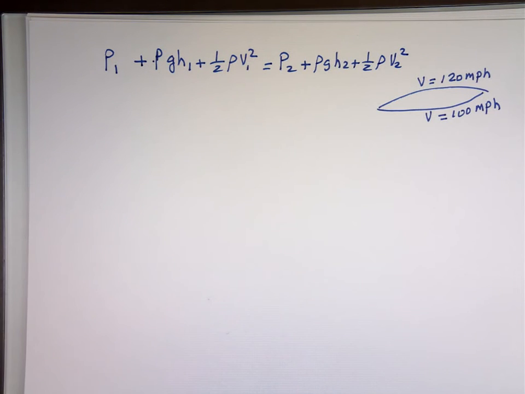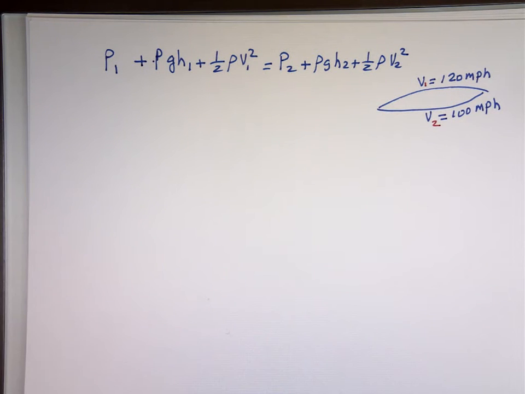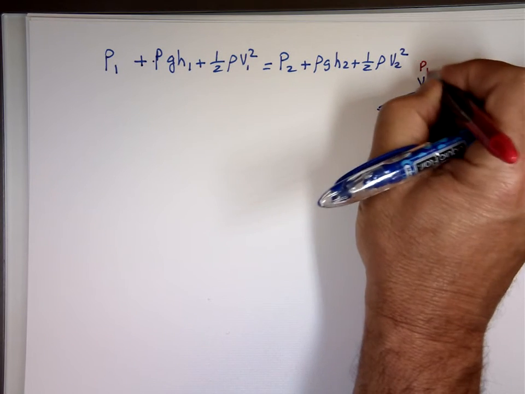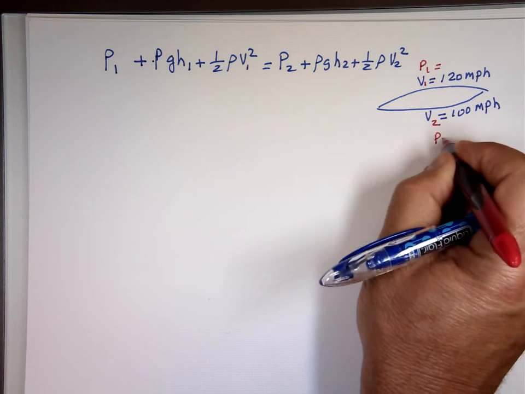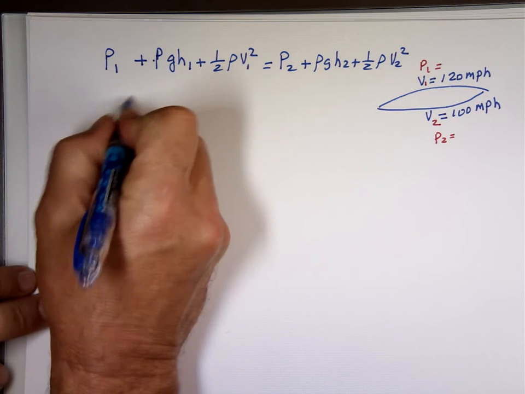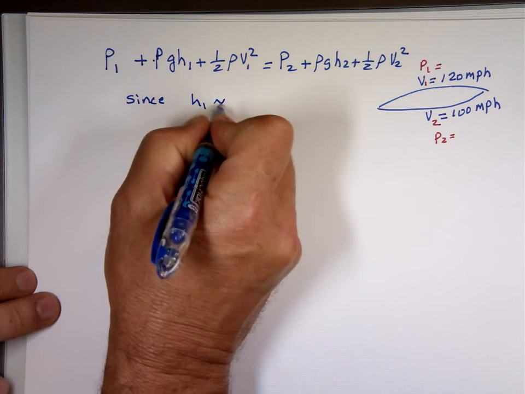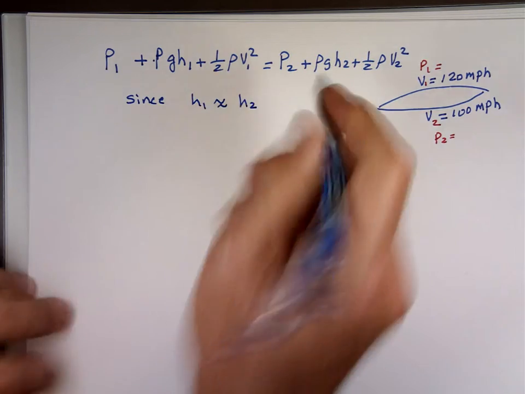Let's call the top 1 the bottom 2. So we have pressure 1 here, we have pressure 2 here. Since there's not much difference in height, H1 is approximately equal to H2, we can drop those two pieces here.